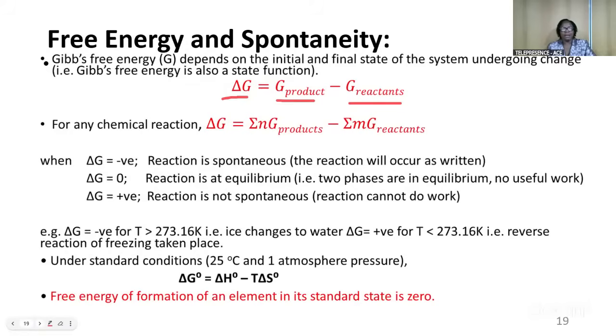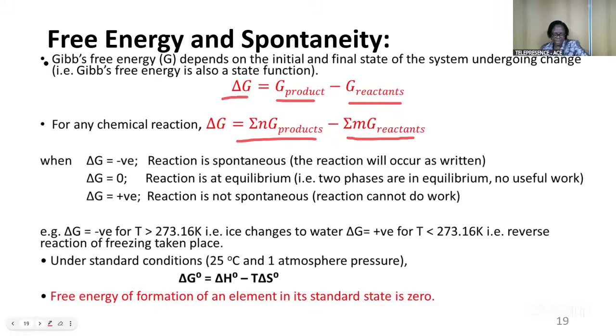So for any chemical reaction, in the same way we calculated delta S, bringing into mind the stoichiometry of the balanced equation of reaction, you have to factor that for the products and for the reactants. So delta G is going to be the summation of all of the free energies of the system for the total number of molecules that are there, and then that will determine how you obtain your value.